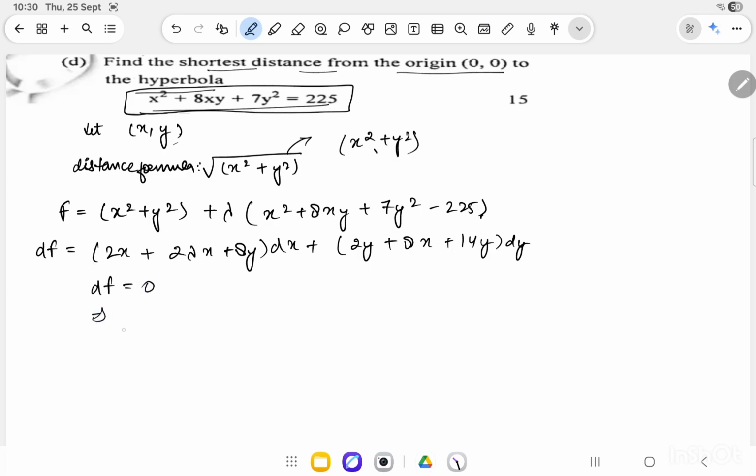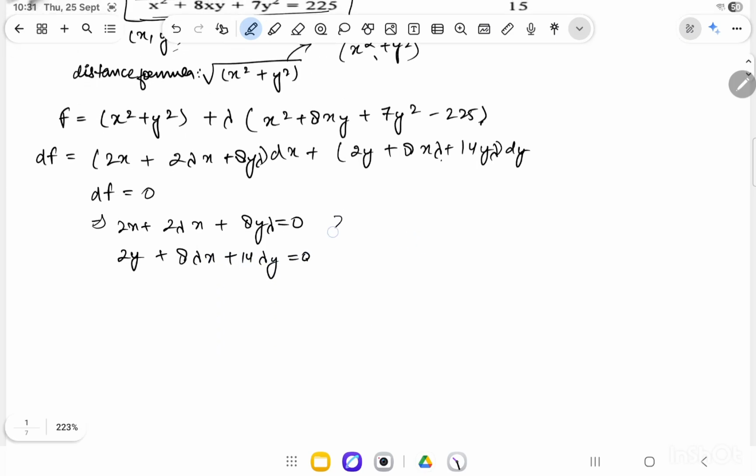That will give you 2x plus 2 lambda x plus 8 lambda y equals 0, and 2y plus 8 lambda x plus 14 lambda y equals 0.